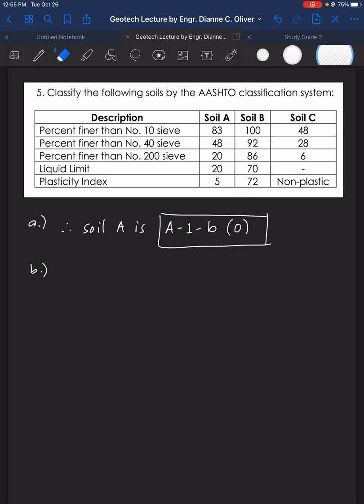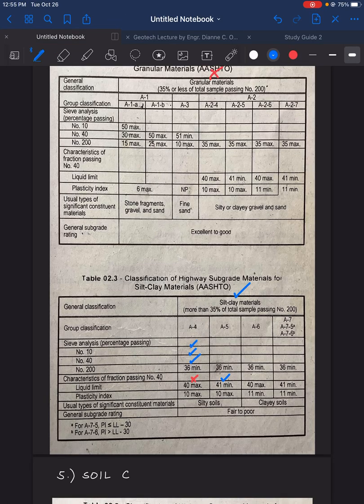Then let's go to the plasticity index, 72. So 72 plasticity index, so no. This one does not fit the criteria of 10 max. Obviously, we don't fit for 40 max, but we fit for 10 minimum. Okay? Therefore, the classification falls.